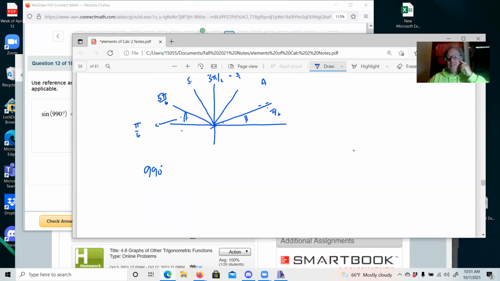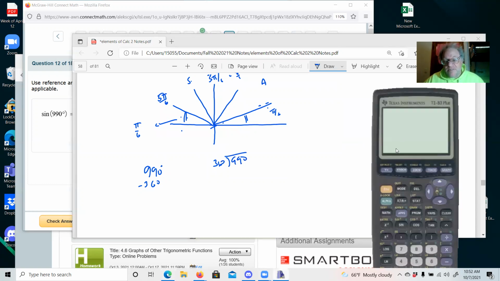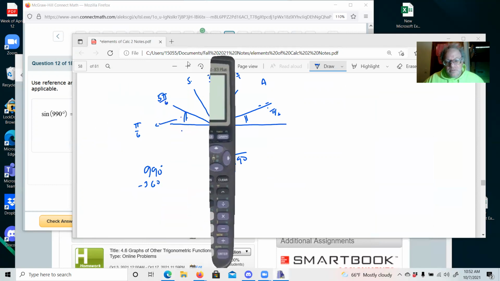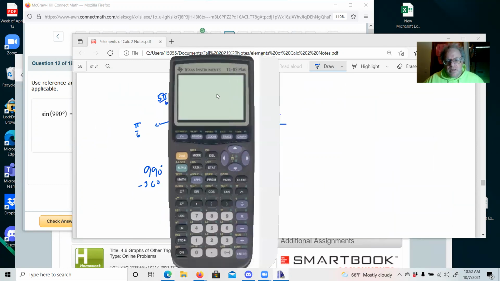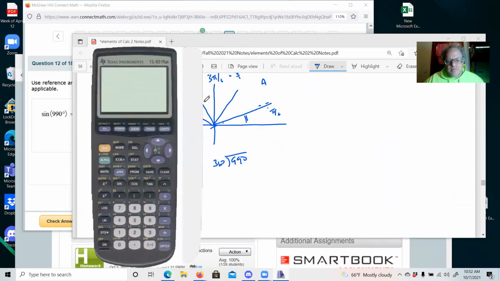Okay, we need the reference angle. One way we could do this is to figure out how many rotations we have. We could take 360 into 990. I can't do that off the top of my head.